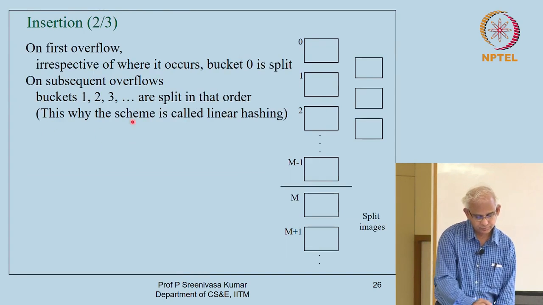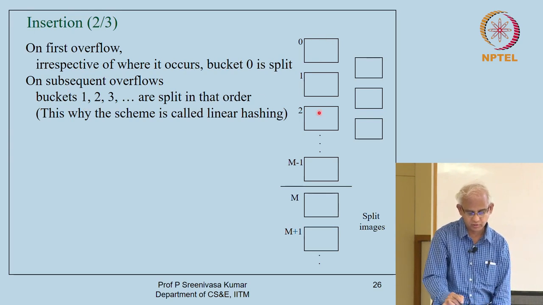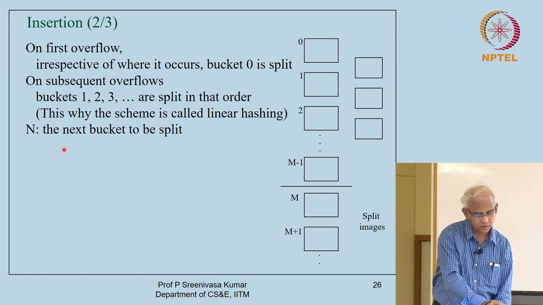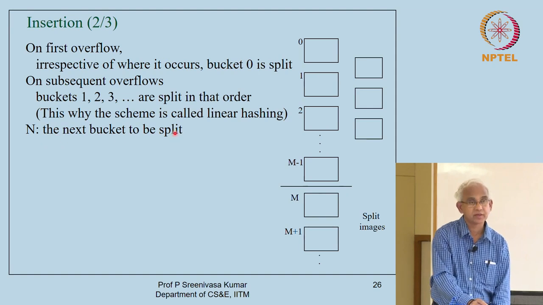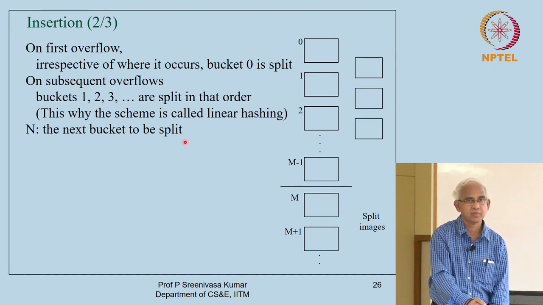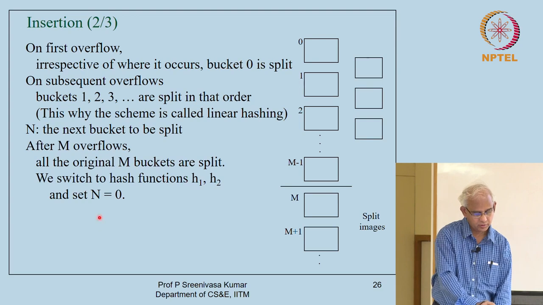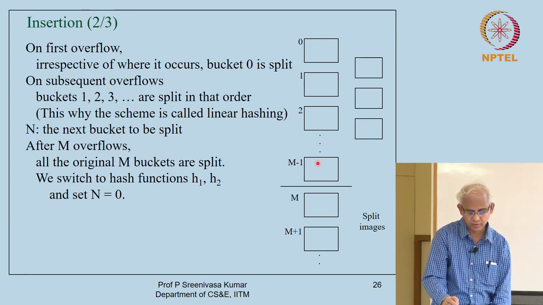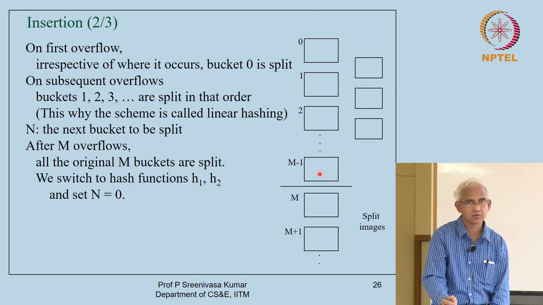Now, on subsequent overflows, buckets 1, 2, 3 are going to be split in that order, and we keep creating these split images. So, n will keep track of one number, which is the next bucket to be split. So, there are m data buckets to start with.